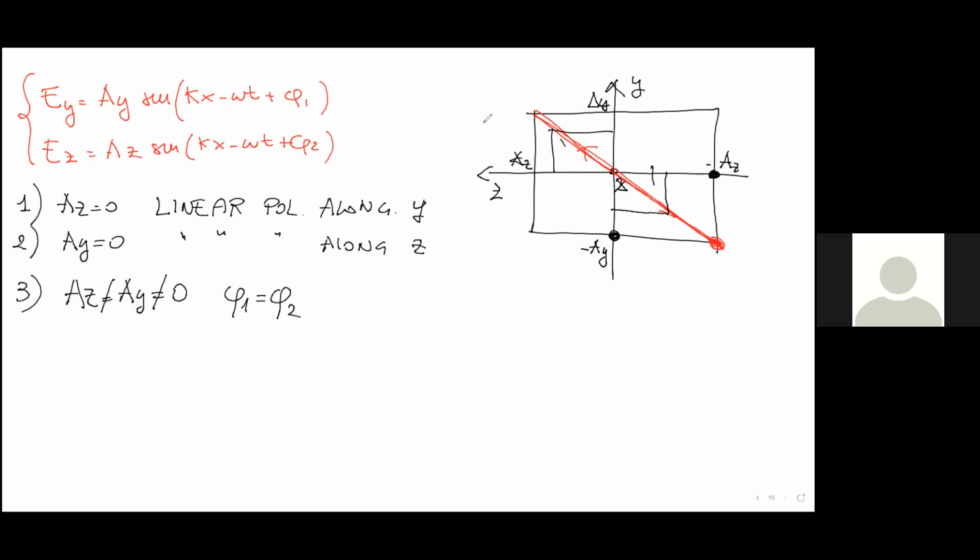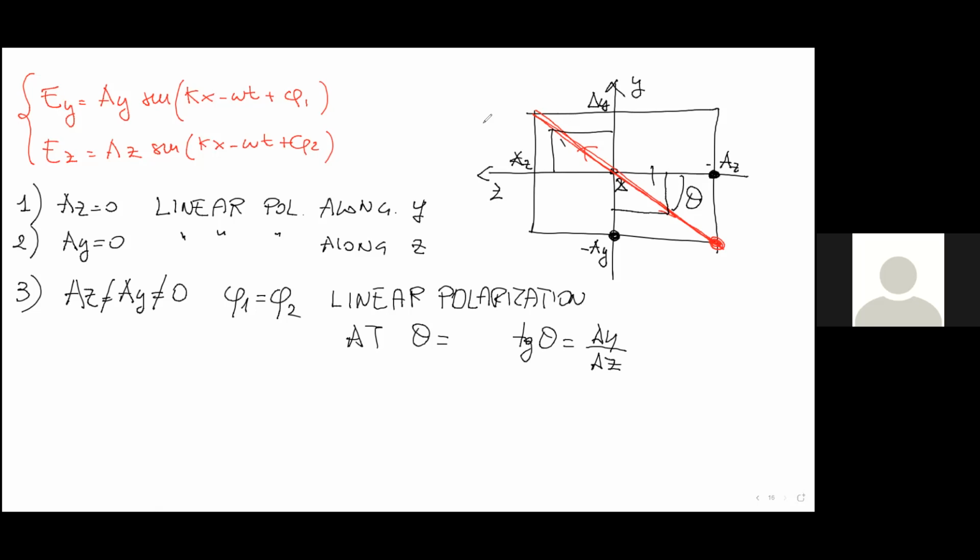So you have the so-called linear polarization at an angle theta, where theta is this angle here. And of course, you can calculate this angle theta. The tangent of the angle theta must be the ratio of the two amplitudes, AY divided by AZ. Okay?